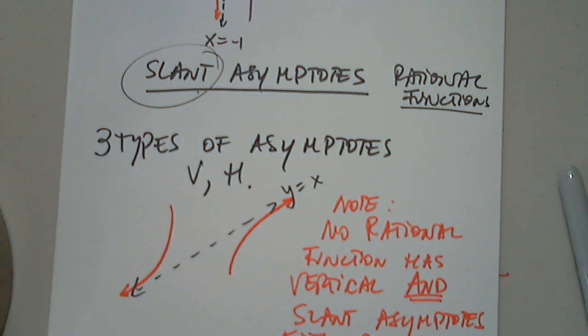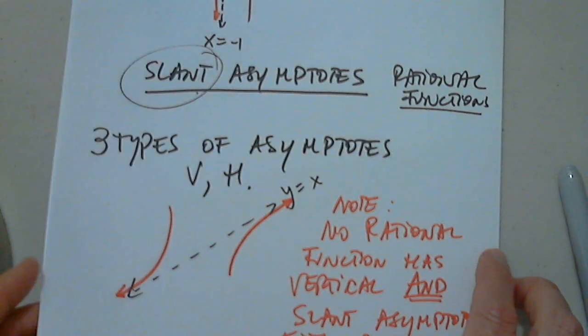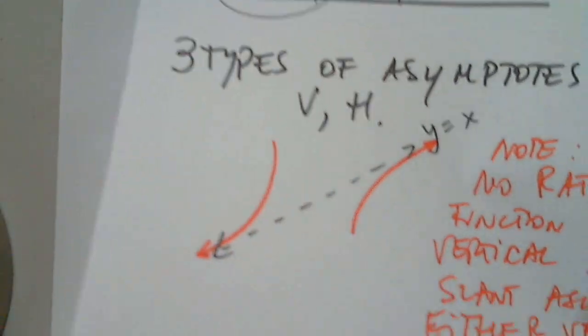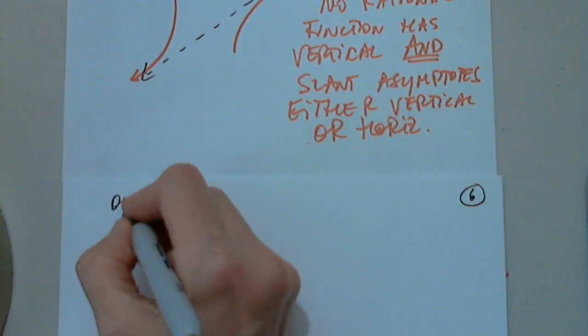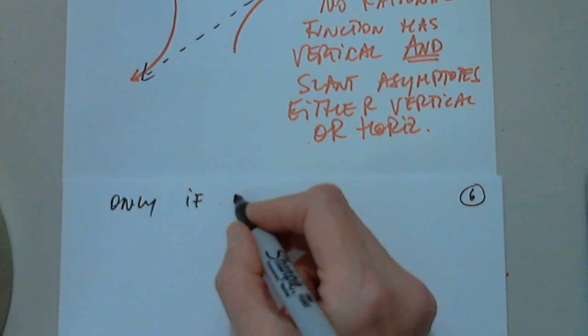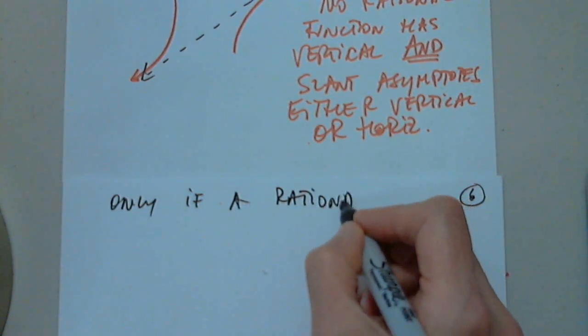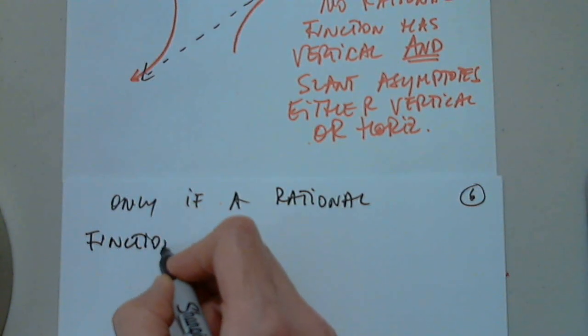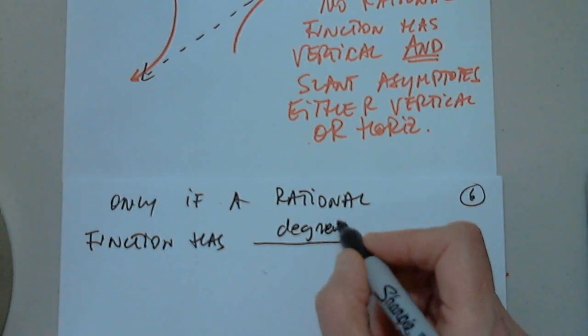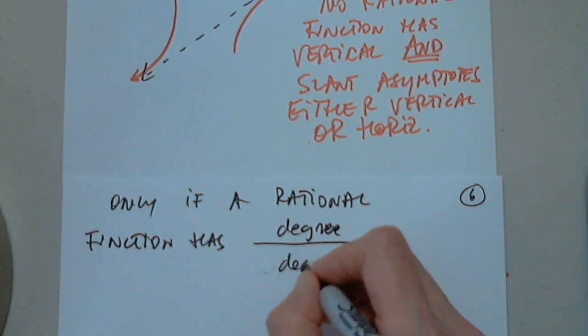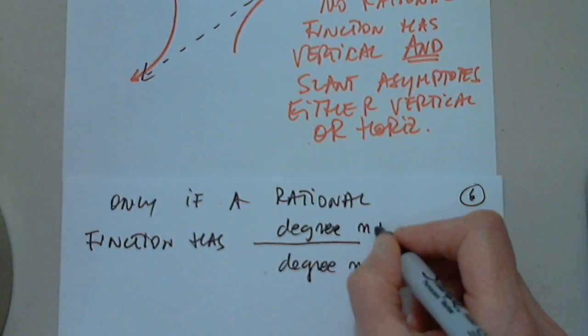So now I'm going to share my screen. One thing before I let you choose, I have to mention which functions have slant asymptotes. Only one type of rational function. Only if a rational function has degree n in the numerator and degree n plus 1 in the denominator.